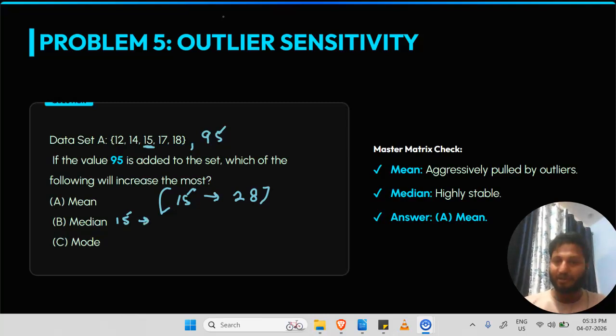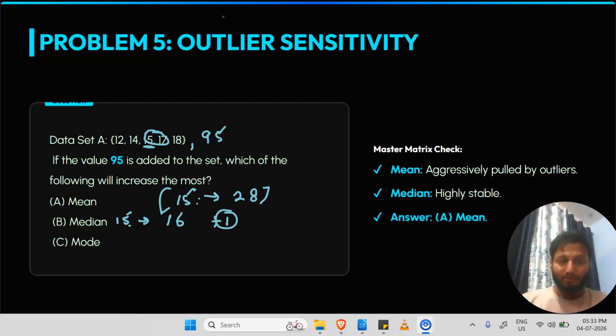If you add 95, what does the median change to? You have six data points. So for six data points, there will be two middle values, 15 and 17, and their average is going to be the median. What is the average of 15 and 17? It's 16. So the median went up from 15 to 16 by just 1 unit, while the mean shot up by how many units? More than 12.